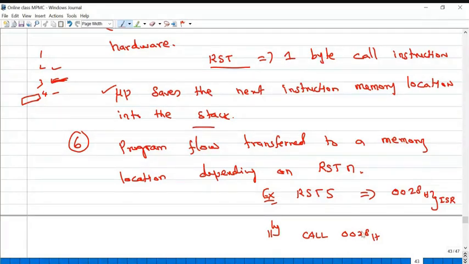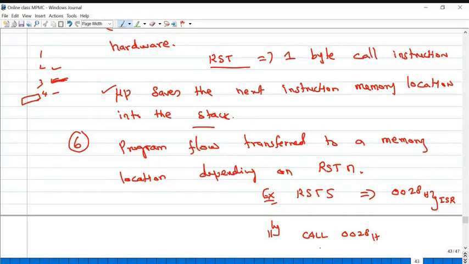RST5 is a single byte call instruction. By default, the processor will start executing from the starting address 0028. The processor saves the next immediate instruction in the stack memory, then goes to address 0028 and starts executing the instructions.